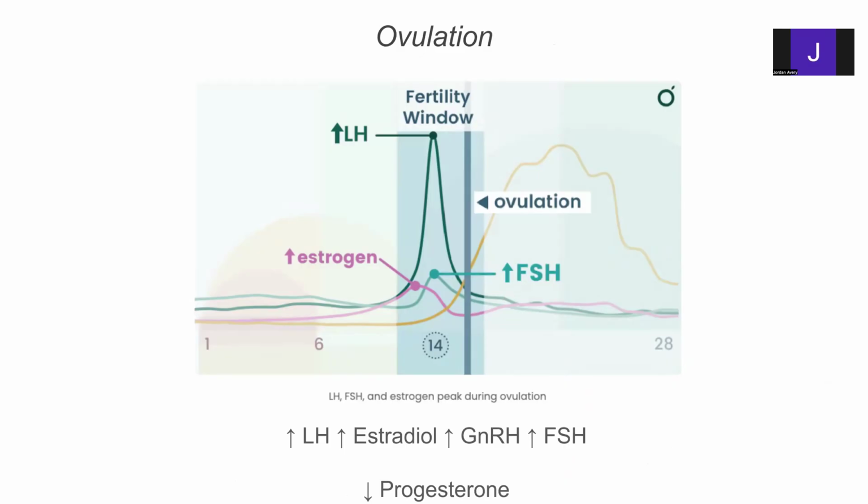By this time, only one dominant follicle is developing, and it begins to secrete progesterone and estrogen. Persistently high levels of estrogen lead to a dramatic increase in LH secretion, called an LH surge. The LH surge induces ovulation by triggering the mature follicle to rupture and to release its oocyte into the fallopian tube.